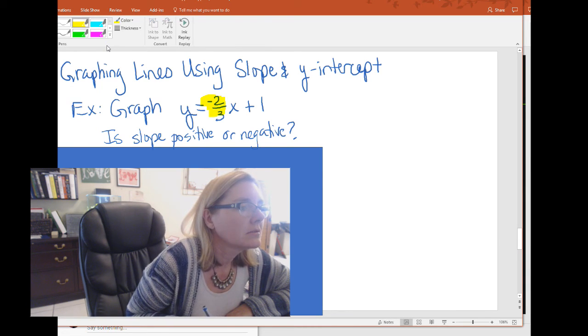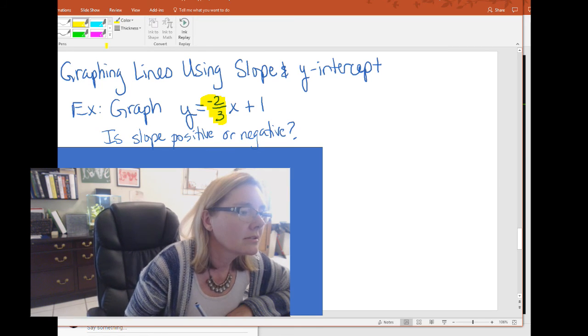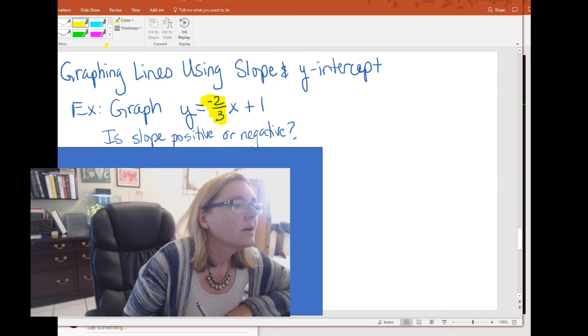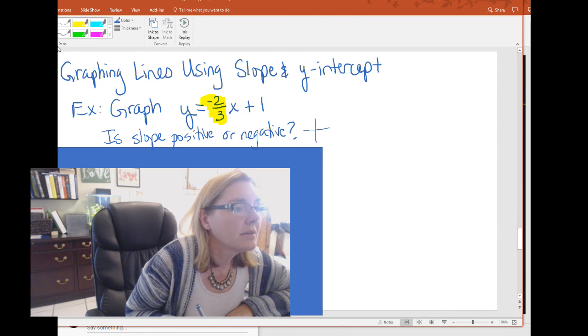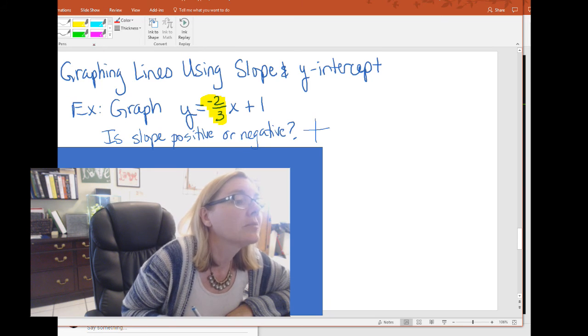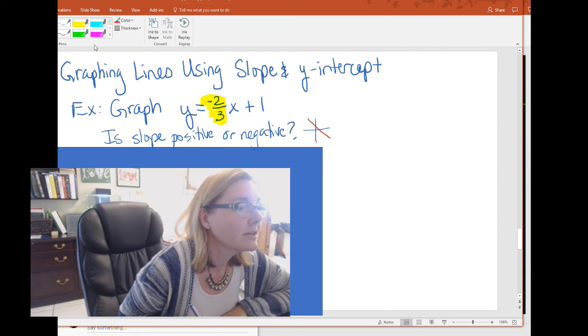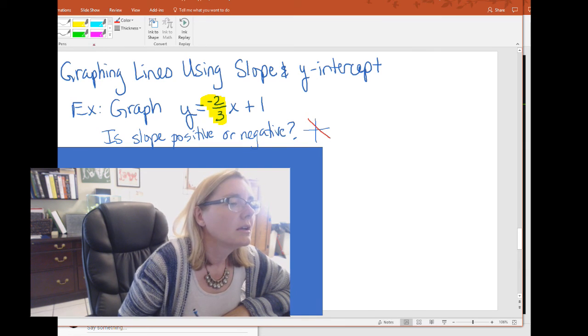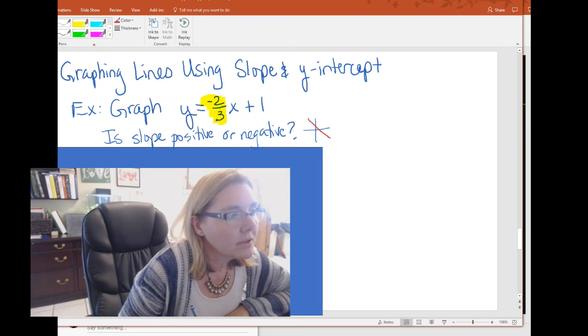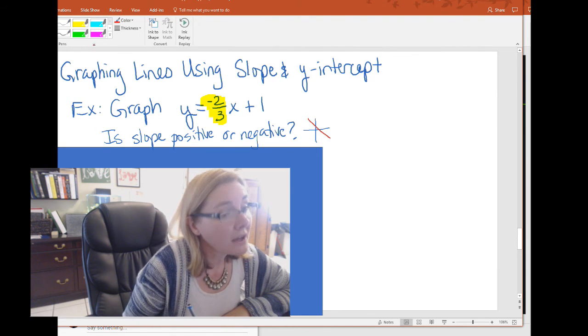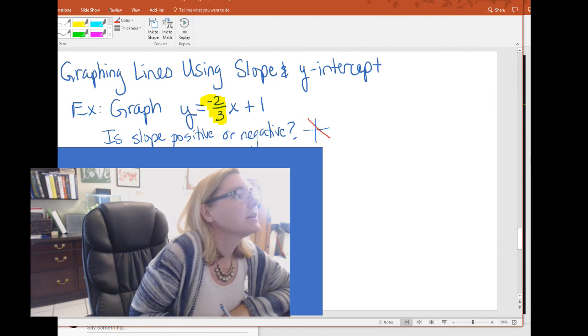The coefficient of the x is always the slope. So this line is going to be falling from left to right, angled going downward. That way, if I start plotting and get something that's not going downward, I'll know I made a mistake somewhere.